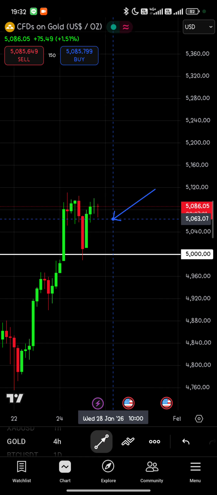So the market doesn't always move according to what it shows you. It moves according to the number, the quantity of orders and positions on the market. If most of the market traders right now are buyers, the market or the institution is gonna manipulate the price to dump on the buyers.